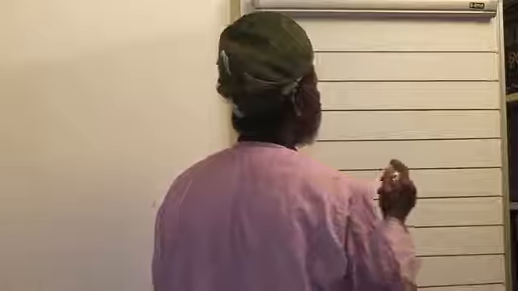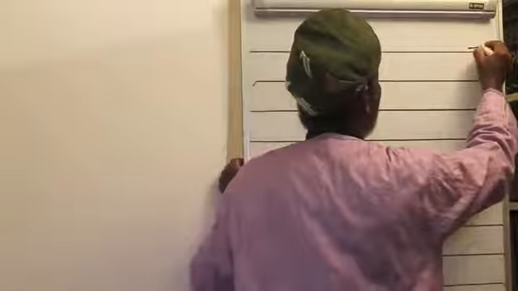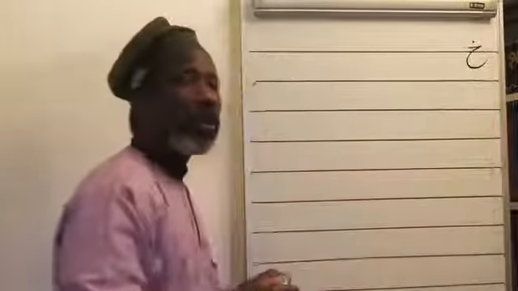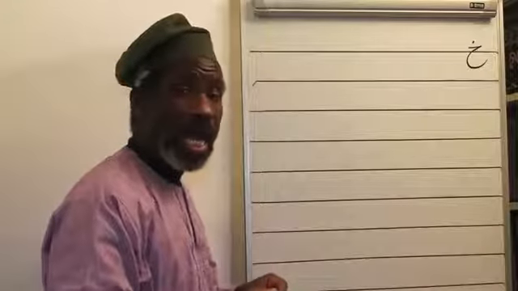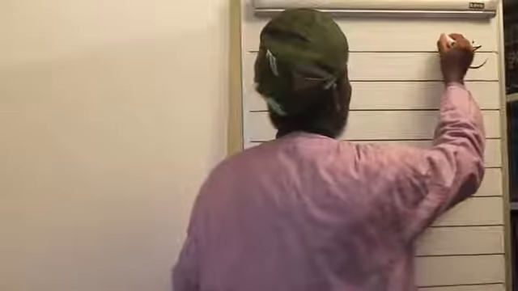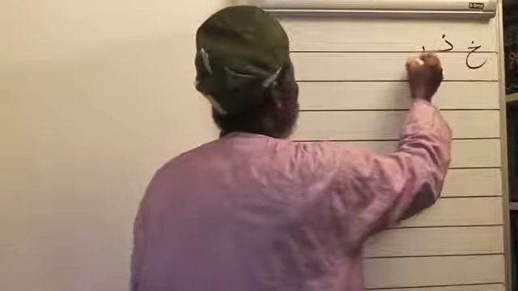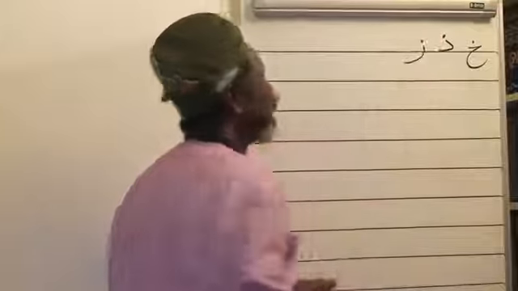First we say alif, ba, ta, tha, jim, ha, kha. Kha, one dot above. Dal, dhal, dhal with one dot. Ra, zain, zain with one dot.